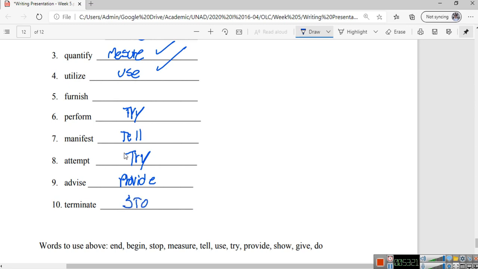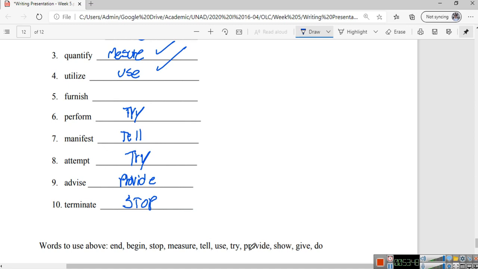I wrote end. And terminate, stop. It works. Both of them work. Now we have furnish. We have end, stop, measure, tell, use, start, provide, show, give. Which one did you use for furnish, Dania? Provide. Give. Okay.